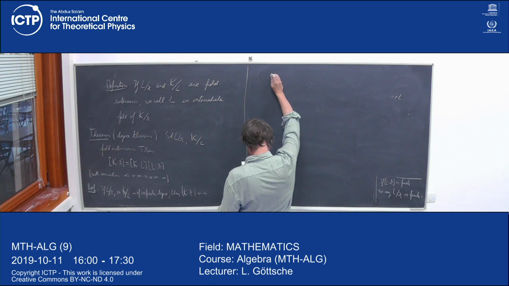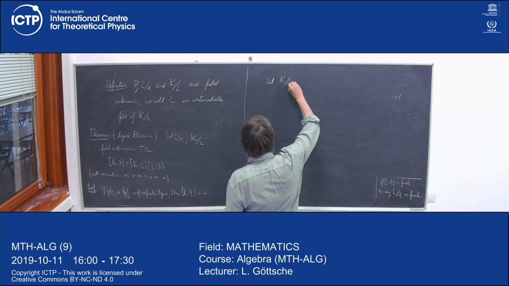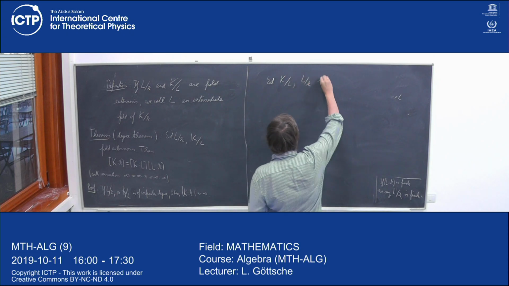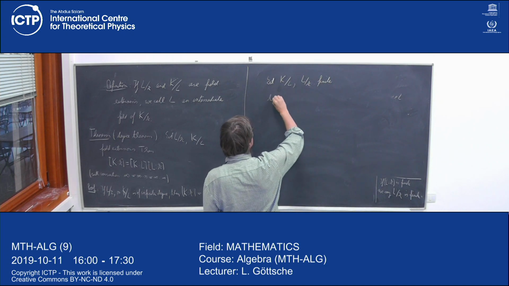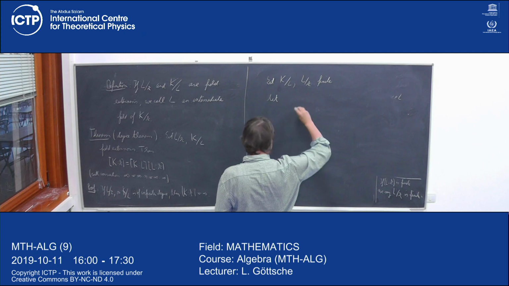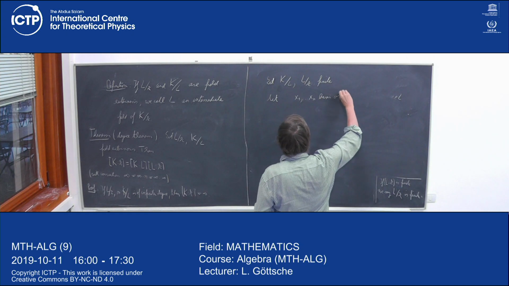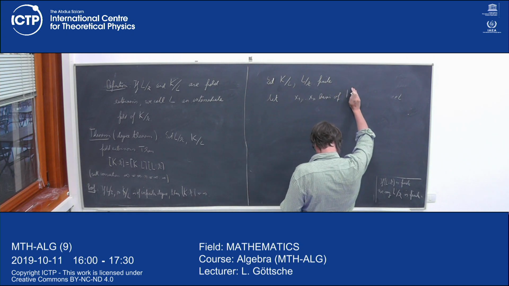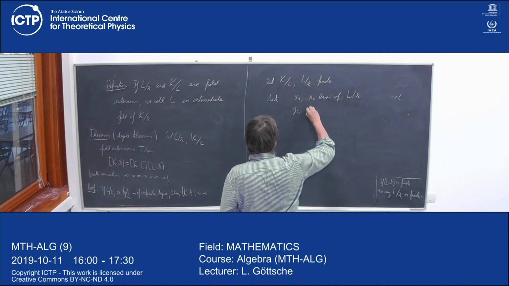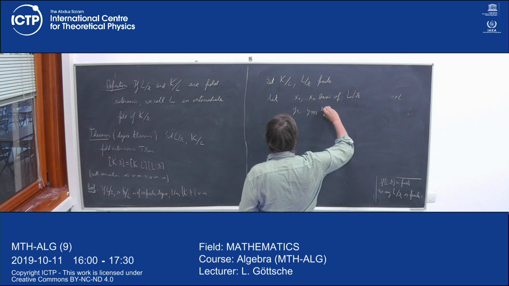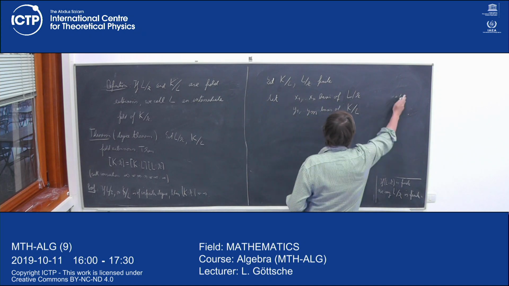So assume K over L and L over k are finite, and let x1 to xn be a basis of L over k, and y1 to ym be a basis of large K over L.